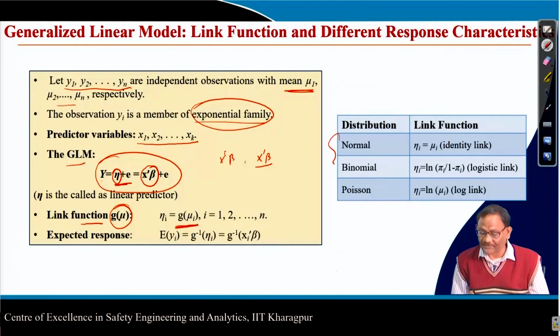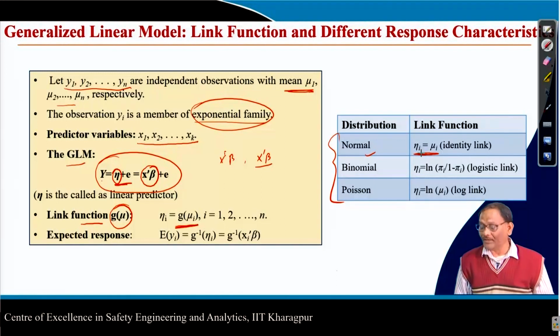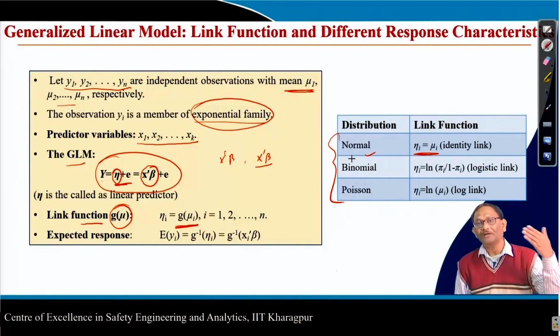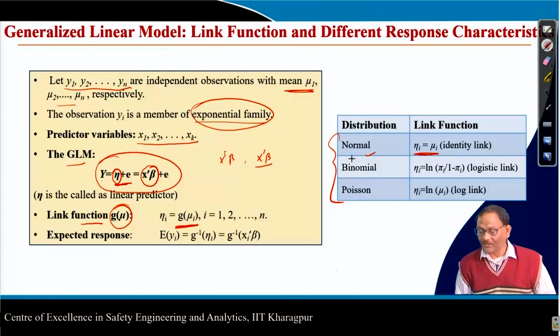That is given on this slide. If y comes from a normal distribution, eta i equals mu i, so g of mu i equals mu i, and that is the identity link. If y is binary in nature, the number of occurrences finally becomes binomial, so y will be a binomial kind of variable.